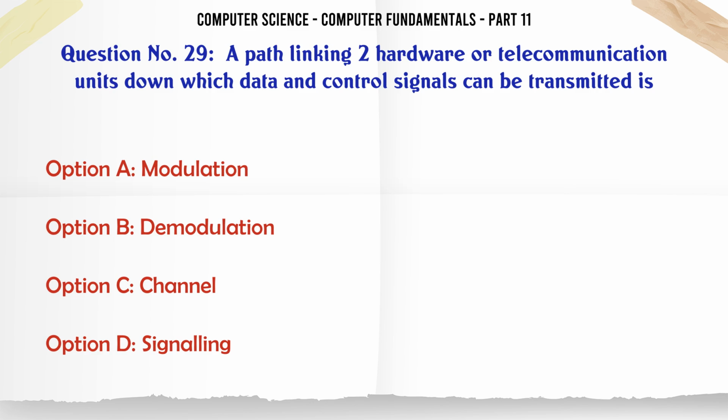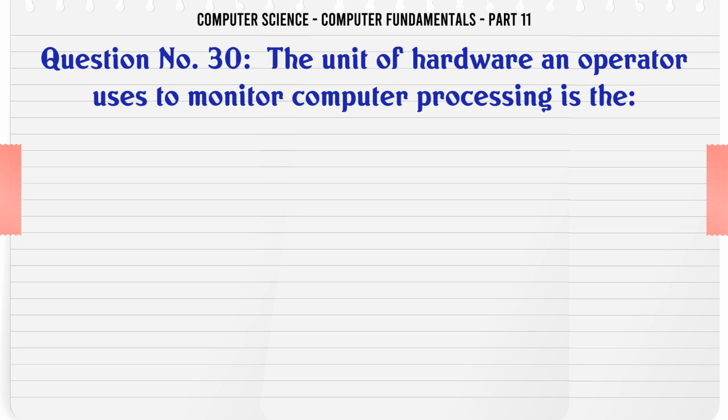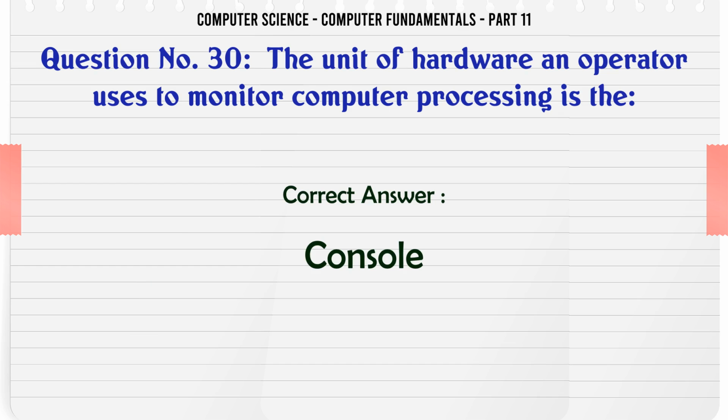B. Demodulation. C. Channel. D. Signaling. The correct answer is channel. The unit of hardware an operator uses to monitor computer processing is the A. Card reader. B. CPU. C. Line printer. D. Console. The correct answer is console.